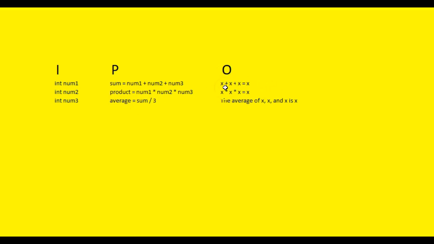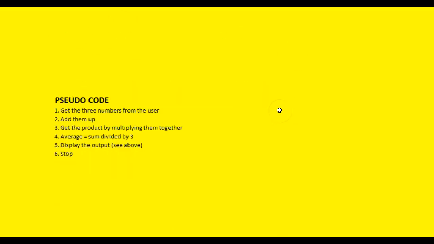My output is going to say the numbers all added up equal whatever that is, and then all multiplied equal whatever that will be, and the average of these 3 numbers is some number. So that would be an IPO chart, and the I stands for input, process, and then the last thing is output. So an IPO chart, one of my design tools.